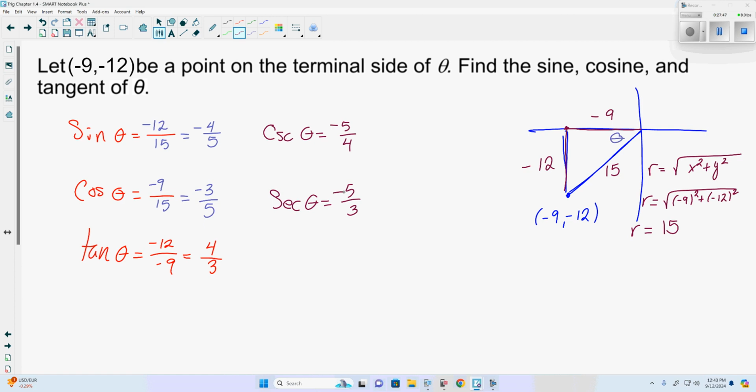Cosecant, CSC, would be 1 over sine. SEC, secant, would be 1 over cosine, so we flip negative 3/5 and get negative 5/3. And cotangent would be 1 over tangent, or we just flip tangent's value, which would give us 3/4.